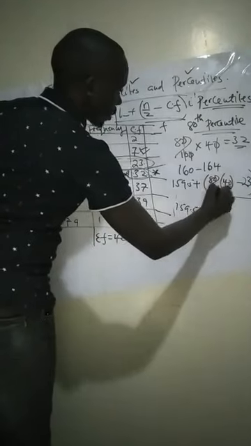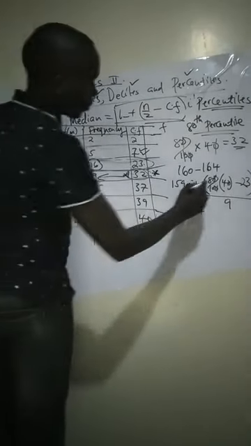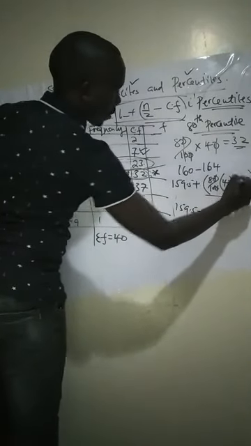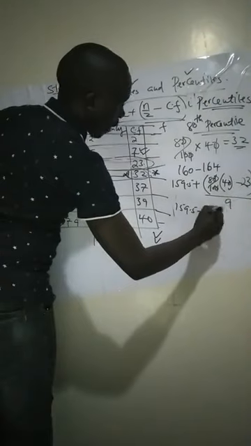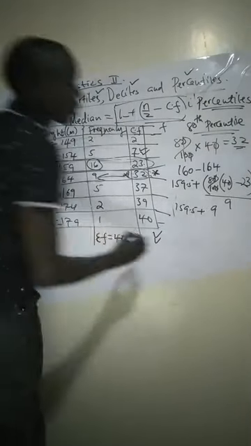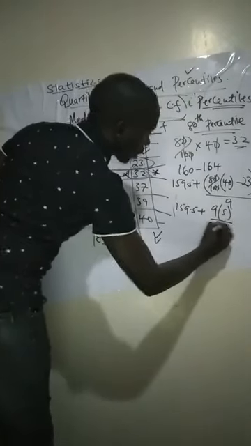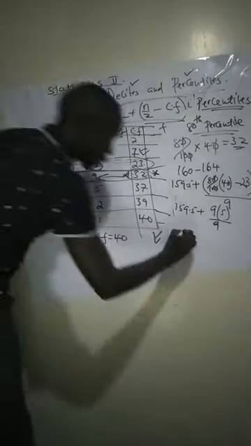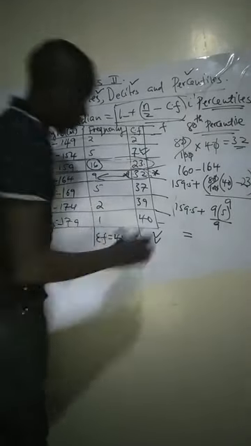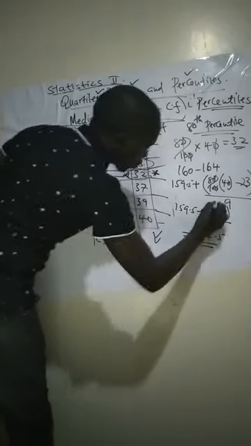32 minus 23, that is 9. 9 times 5 over 9, and the answer should be 164.5, because these two will cancel out.